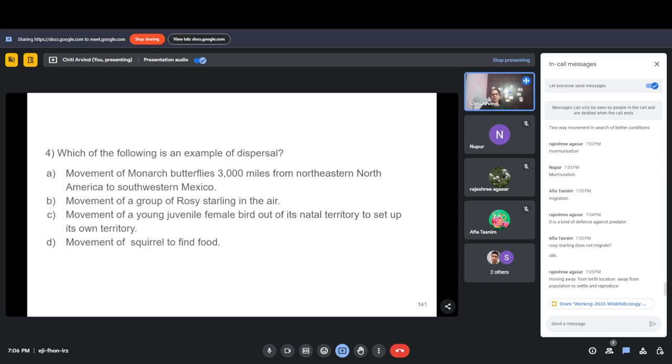So, do males disperse more than females, or do females disperse larger distances than males in birds on average? Do you feel males disperse more or female birds disperse more?